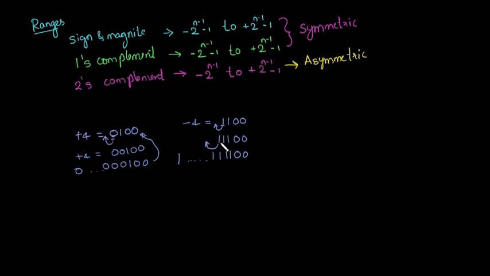We can convert this negative 4 back into positive 4 to recheck whether it is the same or not. We will convert this binary number by performing 2's complement again. If we perform a 2's complement on a positive number, we get a negative number. If we perform a 2's complement on a negative number, we get back the positive number.